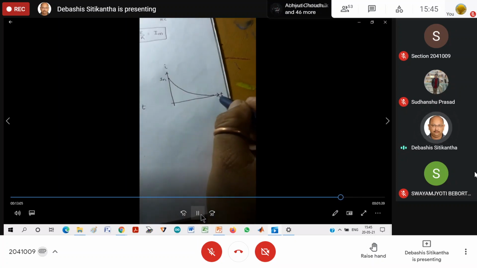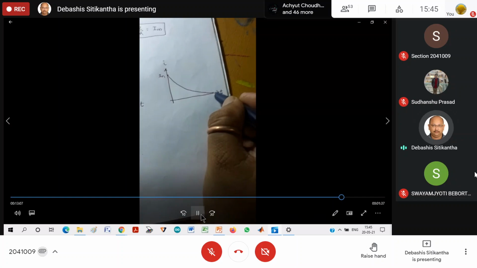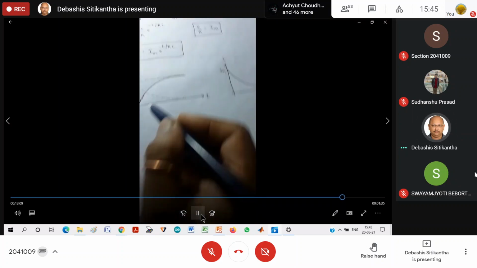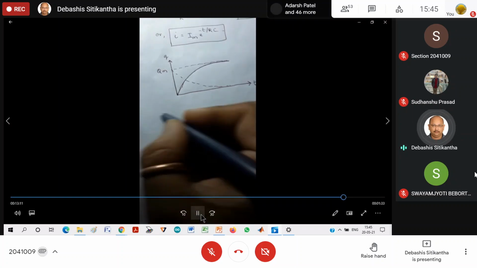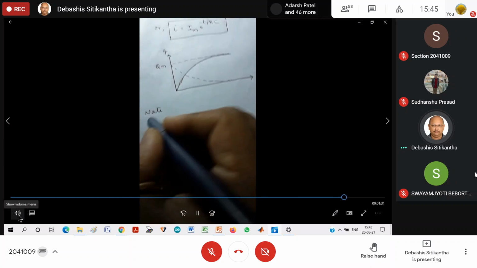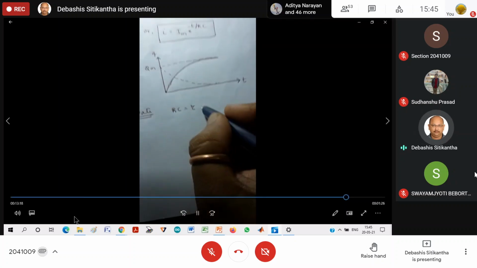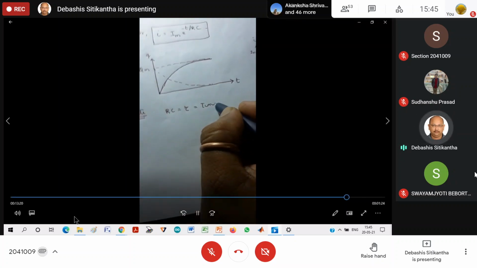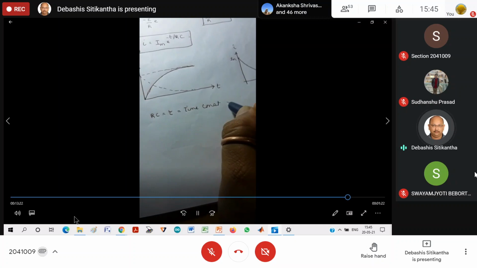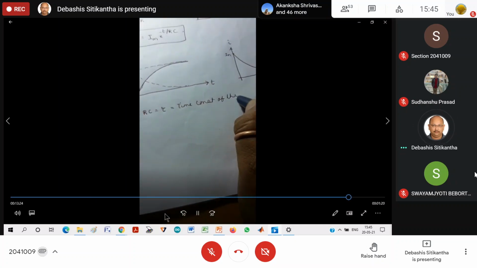Since t is not equal to infinity, I have drawn it almost negligible. Another important thing I need to mention is what this RC is. RC is equal to tau, and tau is known as the time constant of the RC circuit.